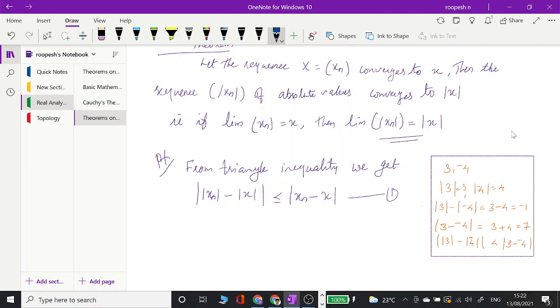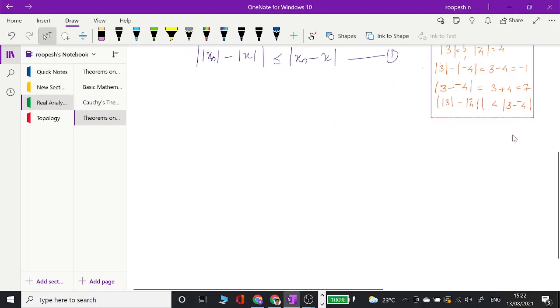Next, we are given that xn converges to x. The sequence is converging to x.